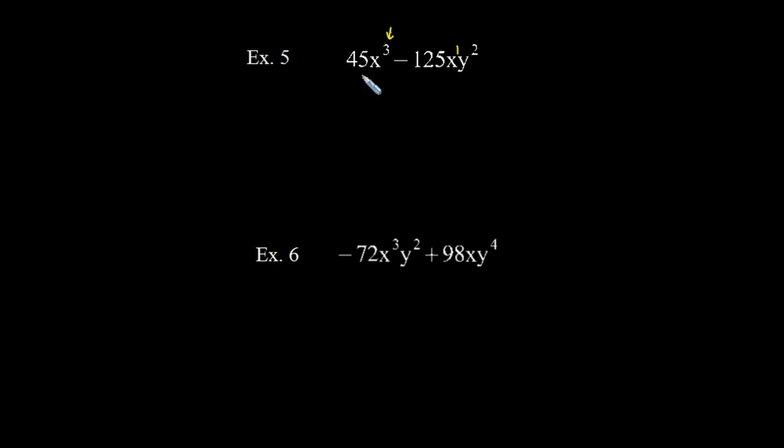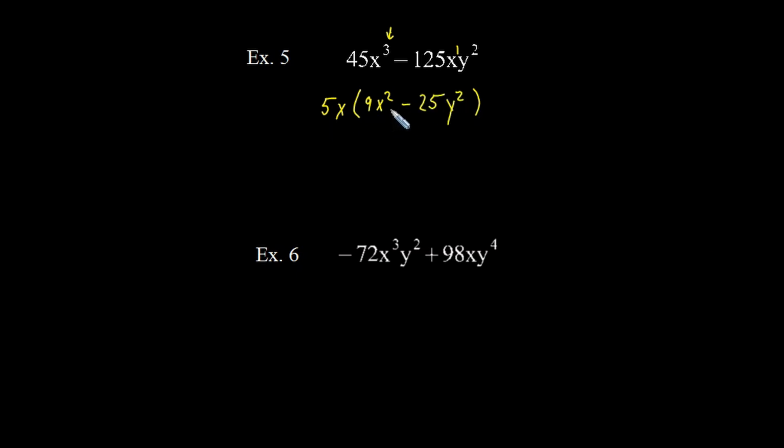So it looks like both numbers are divisible by 5, and there is a variable x that we can identify because we can take the lowest exponent out of both terms. So there's an exponent of 3 here and an exponent of 1 in the second term. So we will divide that out, and we will result in 9x squared minus 25y squared.